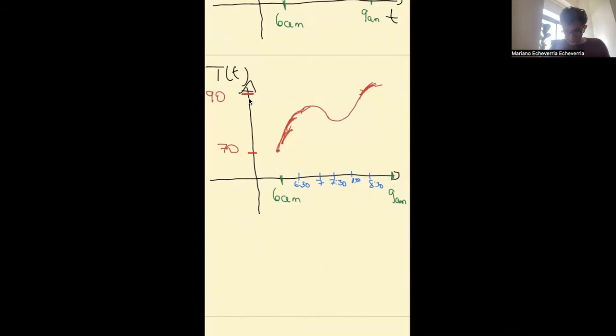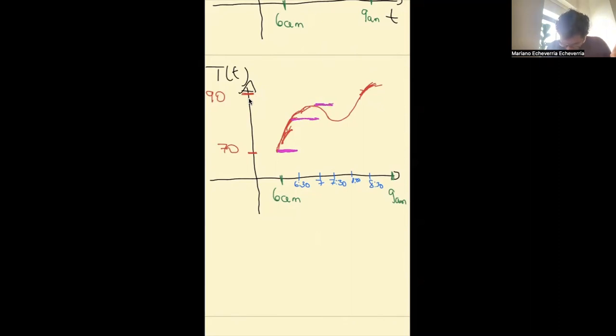So between 6 and 6:30, I'm just going to pretend that the temperature was constant, okay? And between 6:30 and 7, I'm going to pretend that the temperature was constant.